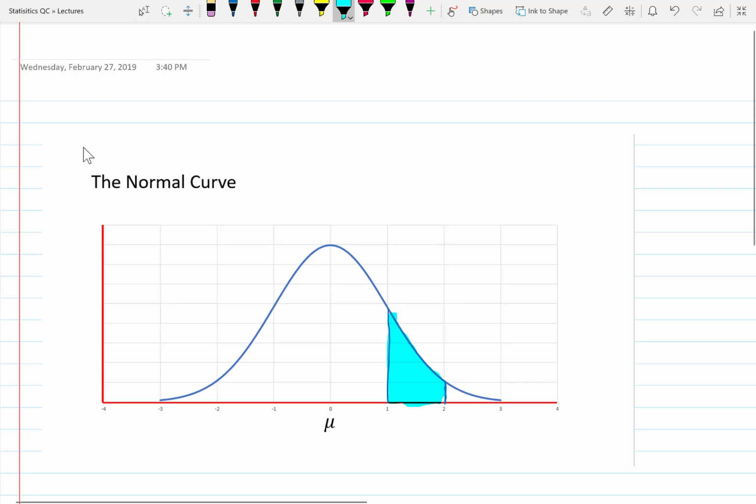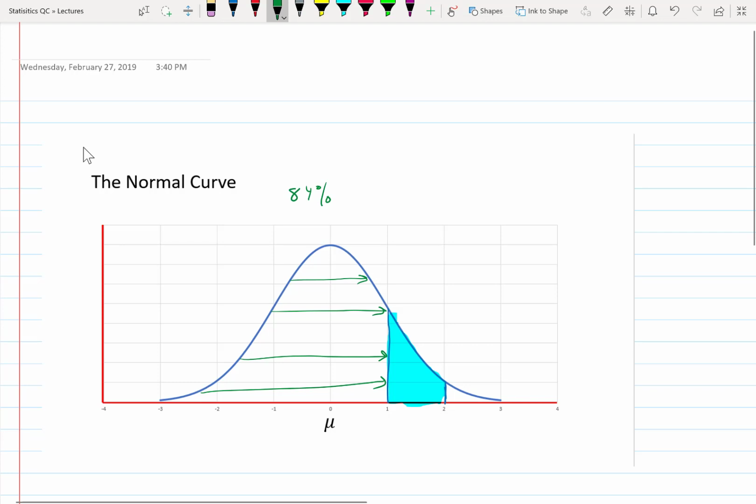Okay. Well, the first thing we know is that this area in here represents 84% of the area under the curve. That is 84%.